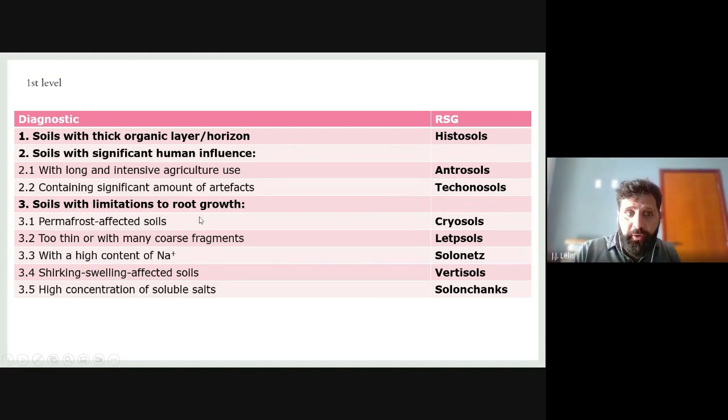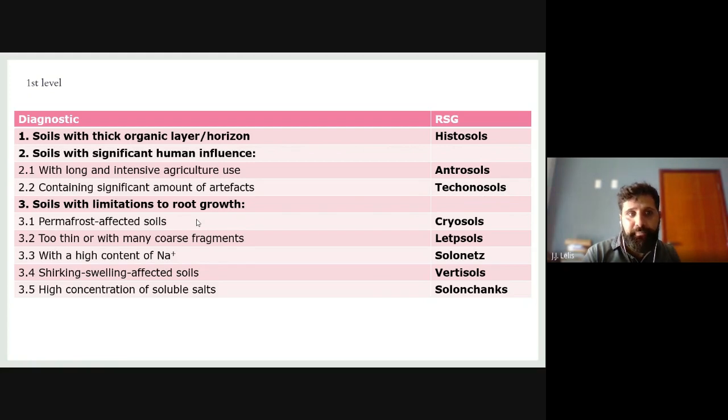So the cryosols are those soils where the growing of roots, the growing of forests, or even a savanna, is limited by the temperature. The low temperature creates a frozen layer, and this frozen layer affects the growing of the vegetation, affects how the soil can support complex life, a complex ecosystem.